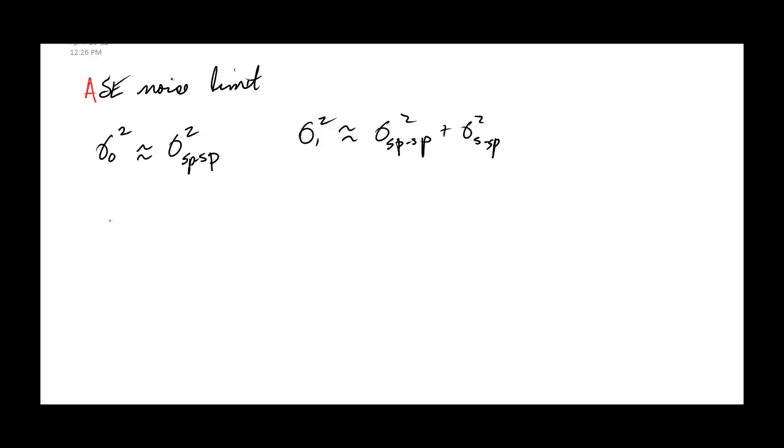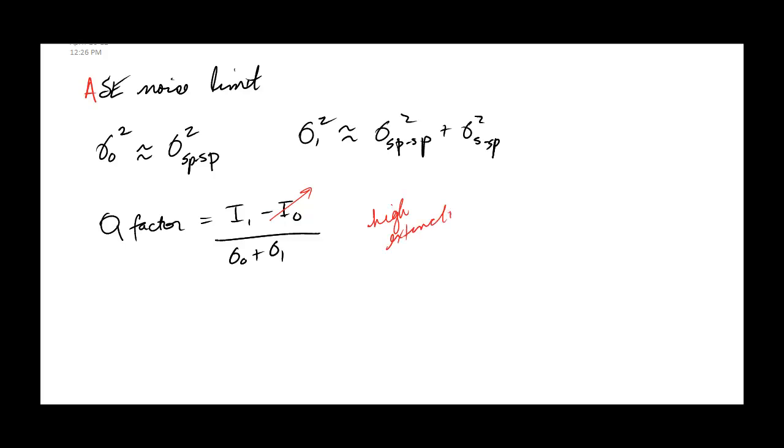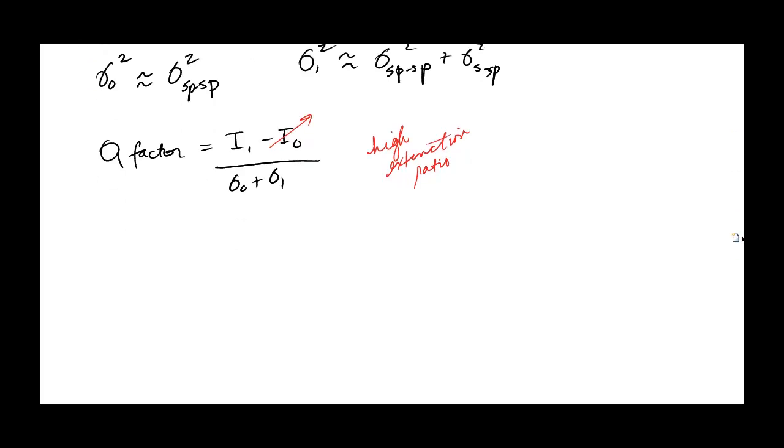Now we're going to calculate our Q factor, and our Q factor by definition is I1 minus I0 divided by sigma 0 plus sigma 1. For high extinction ratio, we're going to neglect I0. I1 will be much greater than I0, so that's the first approximation. Next, I'm going to consider the relative values of sigma 0 and sigma 1.